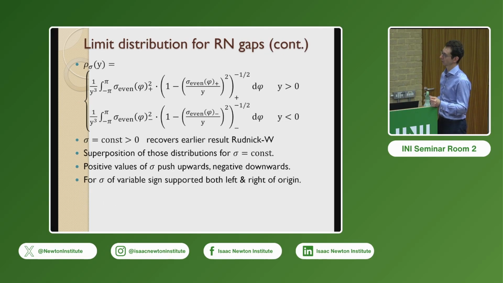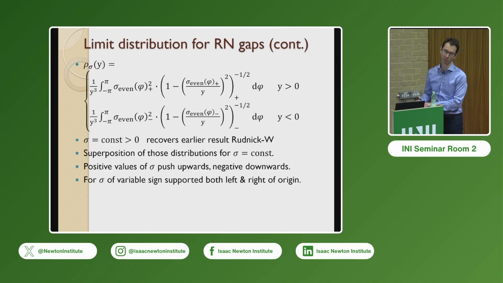Now we can make some observations. These are indeed the superposition of those distributions for constant sigma. The positive values of sigma push upward the Robin and Neumann gaps, and the negative push them downwards. If sigma is of variable sign, then unlike what Zev and I discovered, the limit distribution is supported on both the positive and the negative sides.